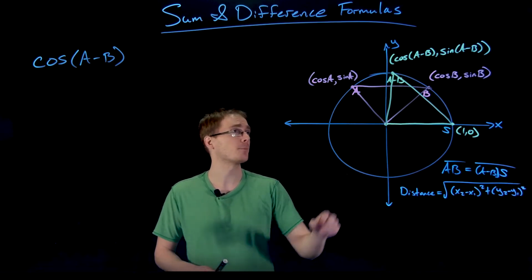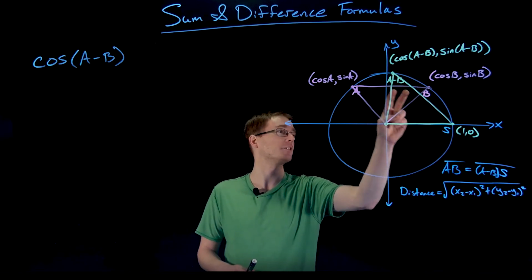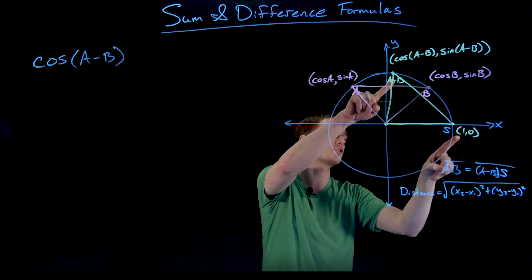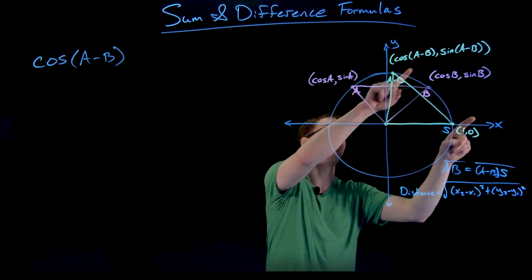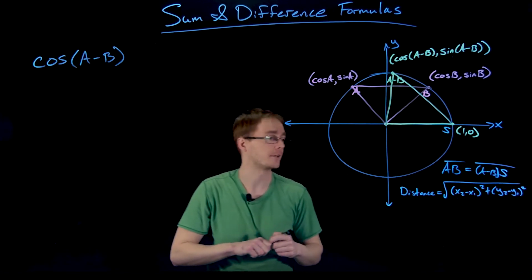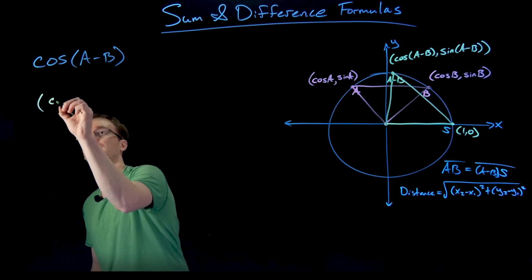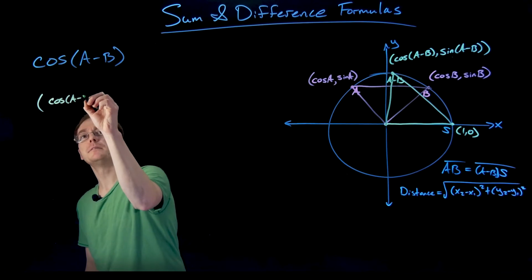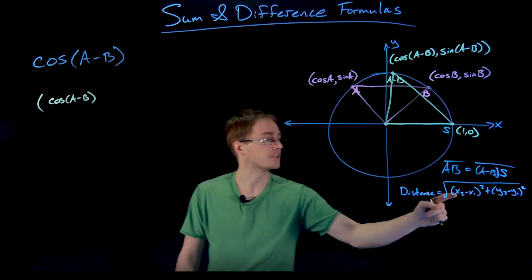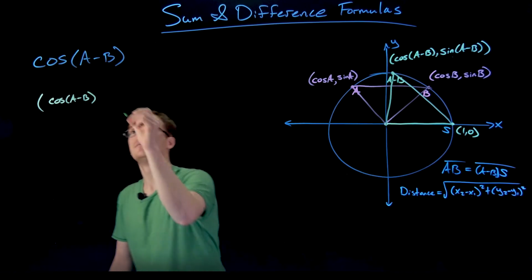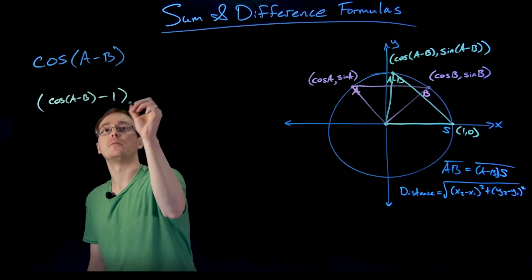So let's go ahead and start by describing the distance from A minus B to S. We're going to have to look at the difference between these x coordinates squared and add to that the difference between these y coordinates squared. The first green point has an x coordinate of cosine of A minus B, so that is like our x2 value. Our x1 value is going to be the other point's x coordinate, and that is positive 1.